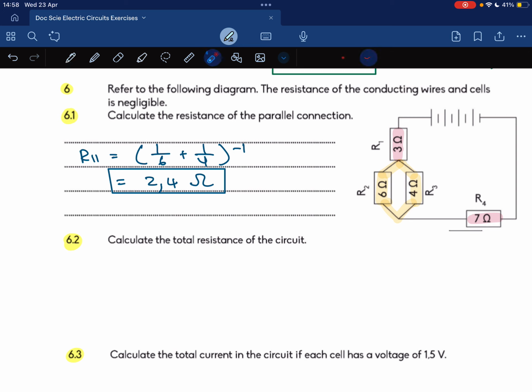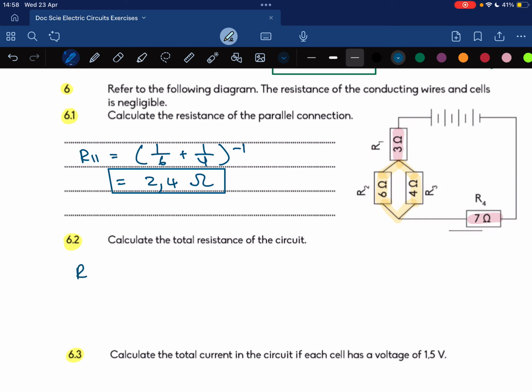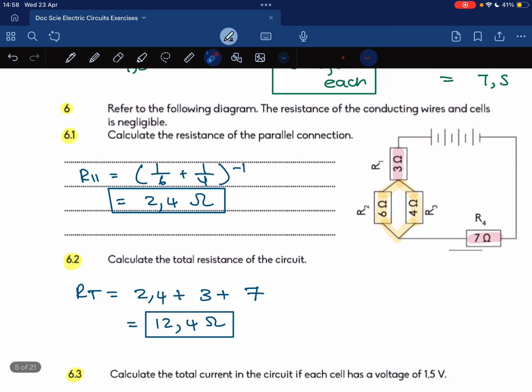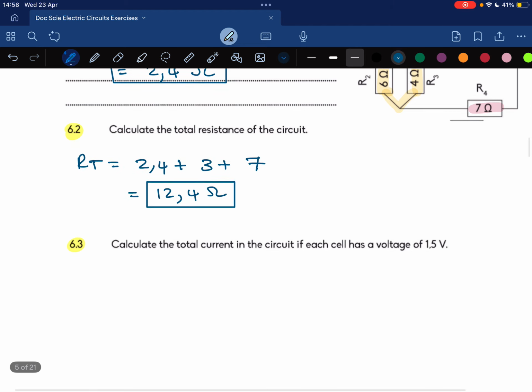Now this part acts in series to this and to this. So R total will be equal to 2,4 plus 3 plus 7, which is just going to be 12,4 ohms. So all we have to do is add them together, and once we know the total resistance, it just acts like a series resistor. We always do that with combination circuits.